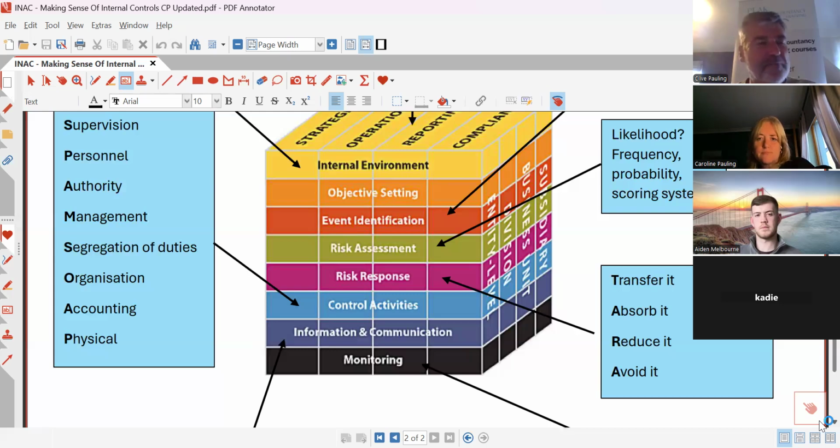Well, surely it's going to depend on the amount of money concerned. If it's a huge amount of money, then you're going to have materiality limits in place. You'd need two people to sign it off, probably. So think about the levels of authority that you need.